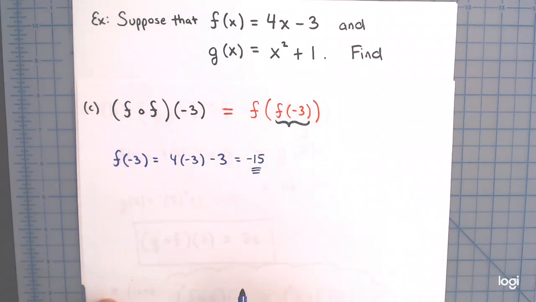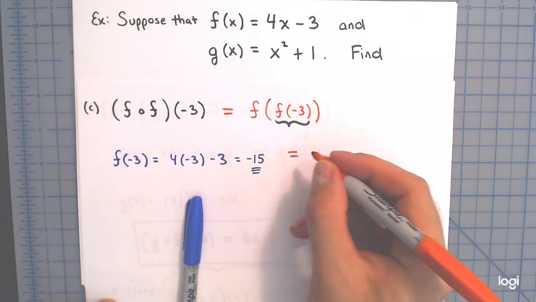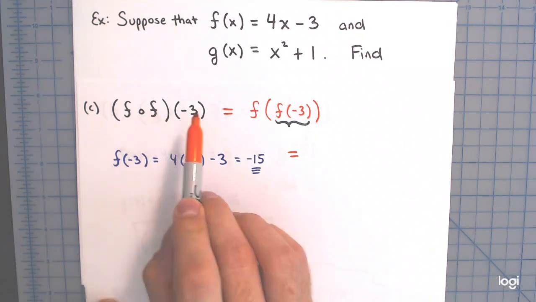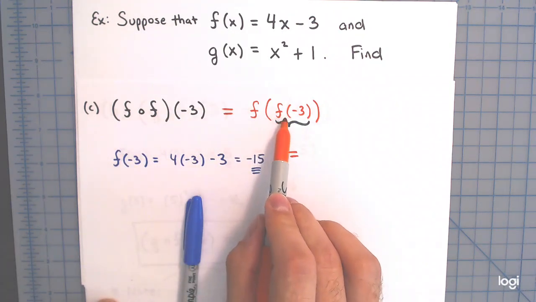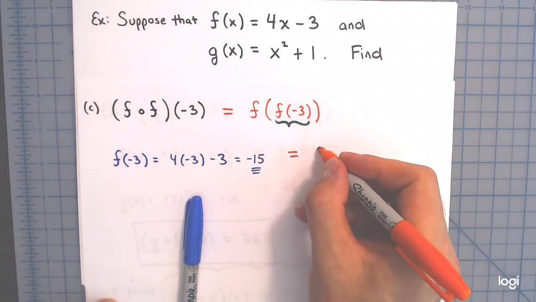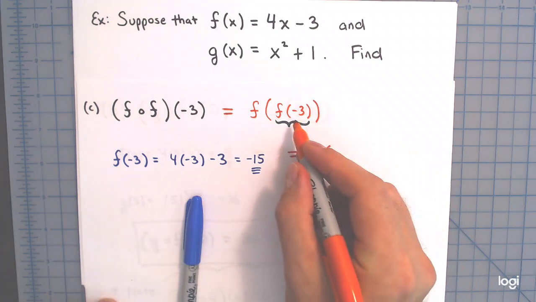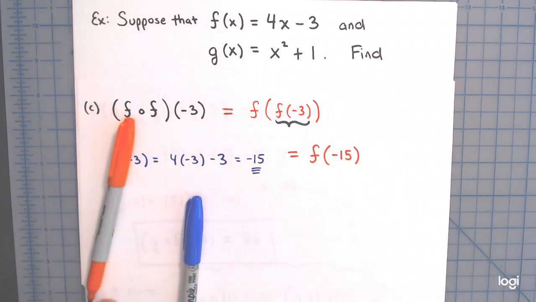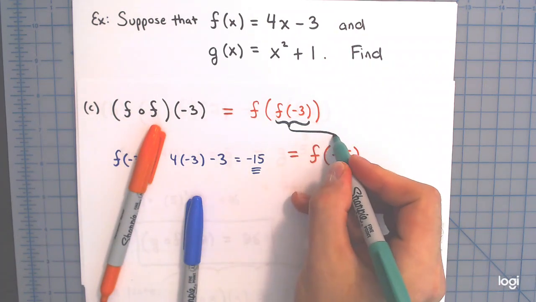Again, very important, that one. Let's back up here. So the value of f composed with f at -3, or the value of f of f of -3, is the same as the value of f at -15. That's this value of f of -3 inside here.